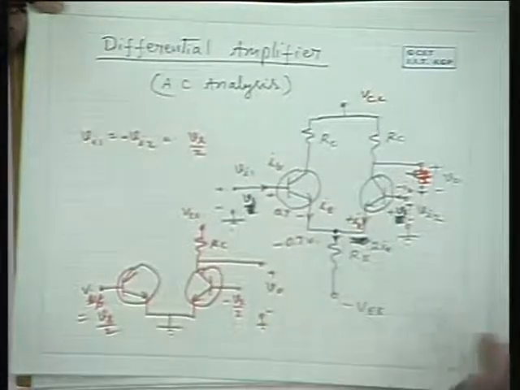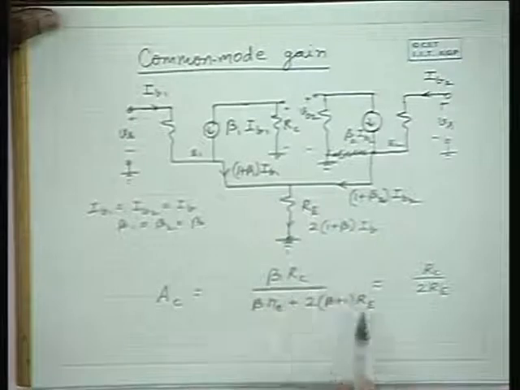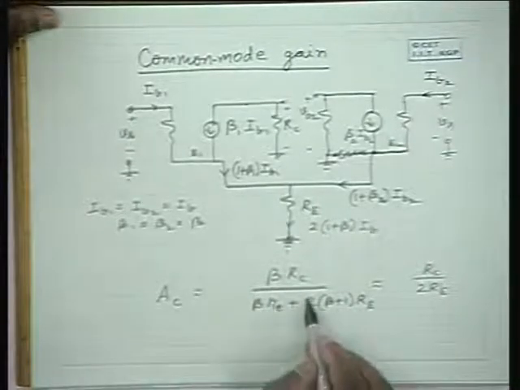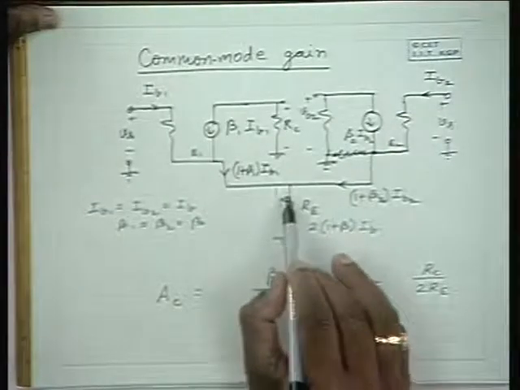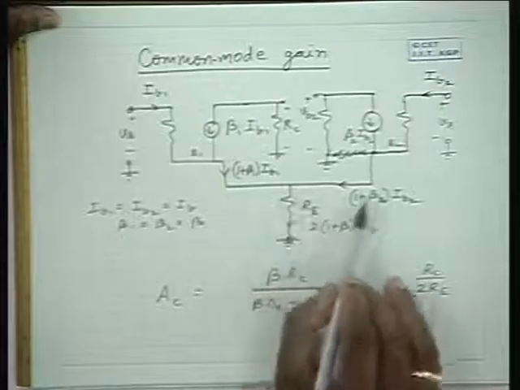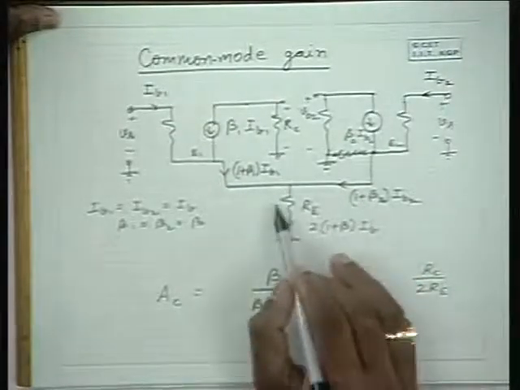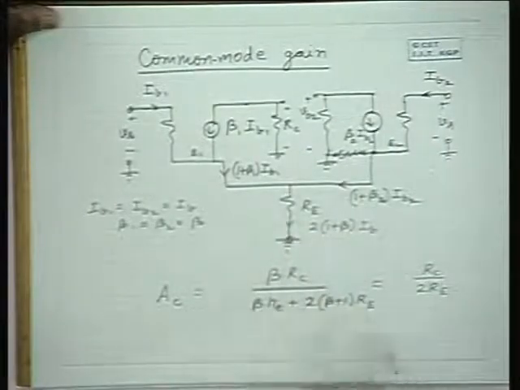So, please recall that analysis, and you will find that you get the same expression here except for this 2, and this 2 is coming because of the reason I have mentioned: since an equivalent current is coming here, it is equivalent to having a resistance of 2 RE.